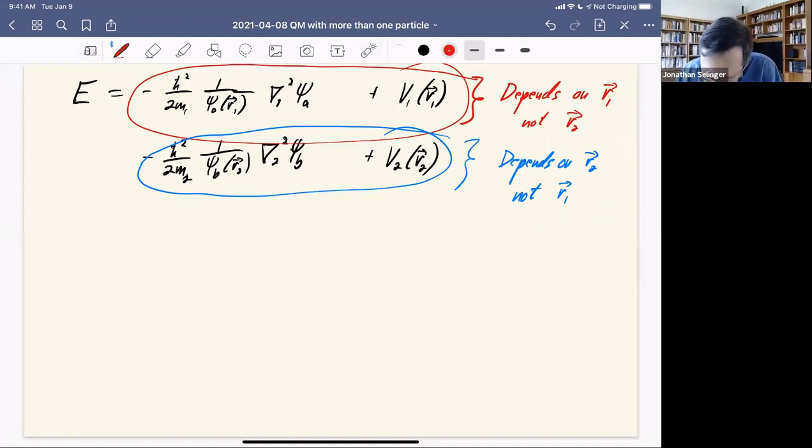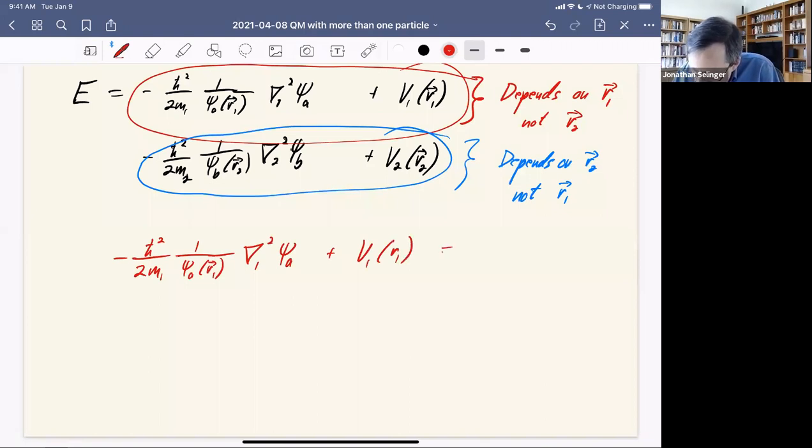So we would say the red stuff is minus h bar squared over 2m1, 1 over psi A of R1, this Laplacian of psi A, plus V1 of R1. That has to be a constant.